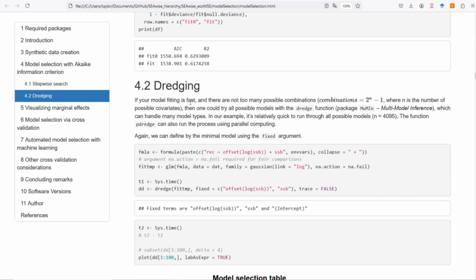Okay, and the other option, if your model fitting is relatively fast and there's not too many possible combinations. So in this case, the number of possible models is 2 to the n, being 12 covariates, minus 1. I have 4,000 possible models, but these are quite quick to fit.